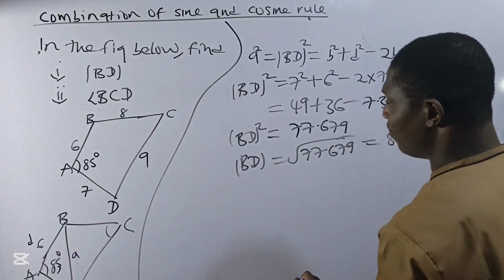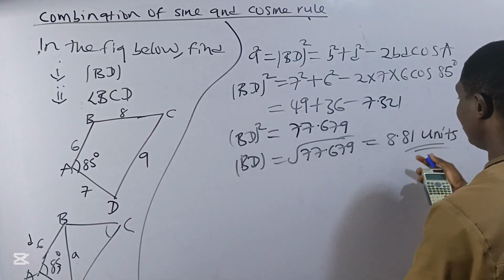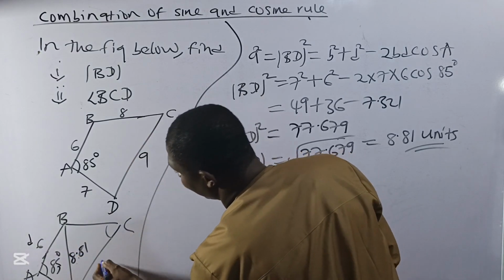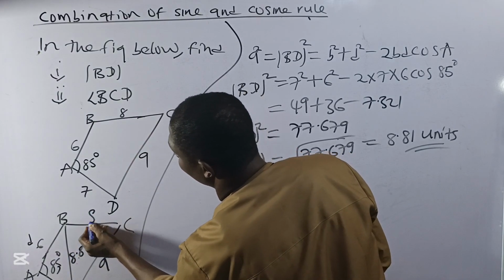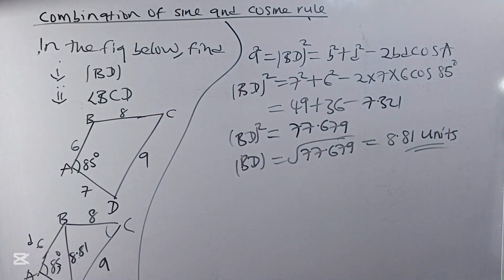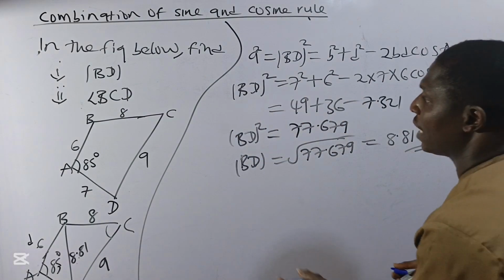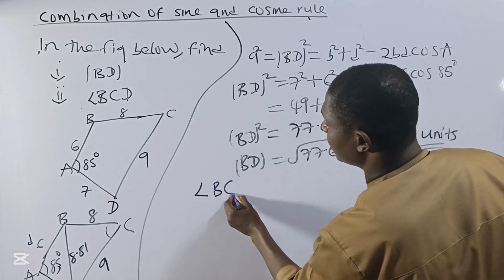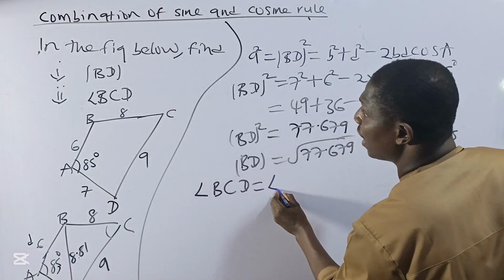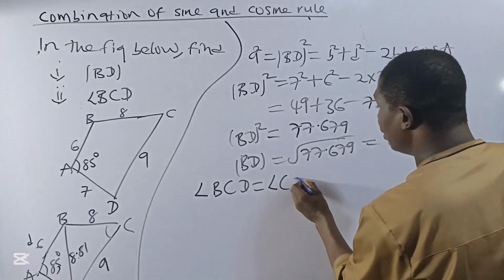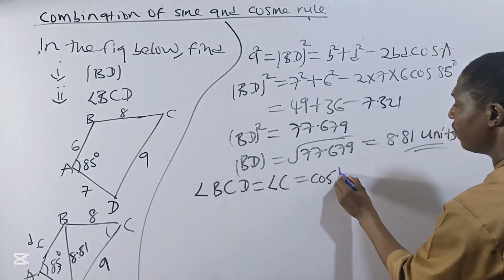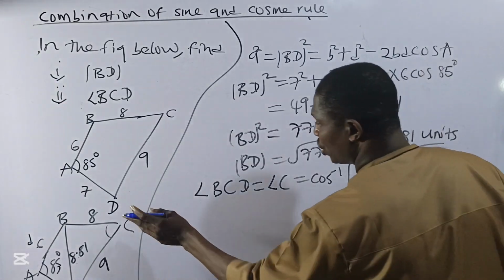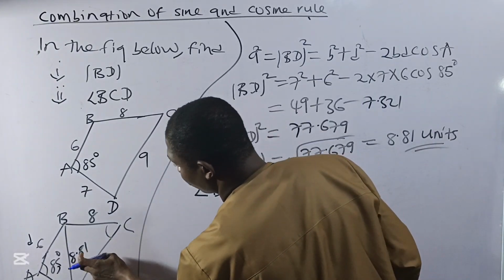And they say we should also look for angle BCD, which is this angle. And I've already gotten my BD, which is equivalent to a there, as 8.81. So I can put my 8.81 here. I have my 9 here. I have here 8. Now, I can use angle BCD equal angle C, which equals cos inverse of, I will simply use it straightforward because I'll subtract this square.